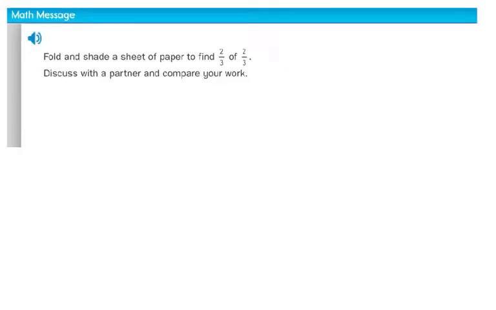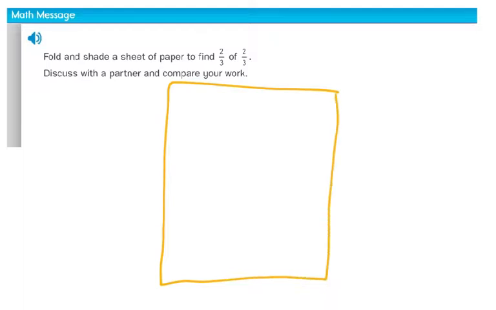I want you to draw a square to show and shade what 2/3 of 2/3 is. So go ahead, draw a rectangle. First thing we're going to do is divide it into 3 equal parts. That's what our denominator tells us.